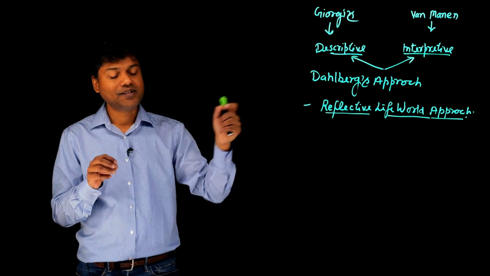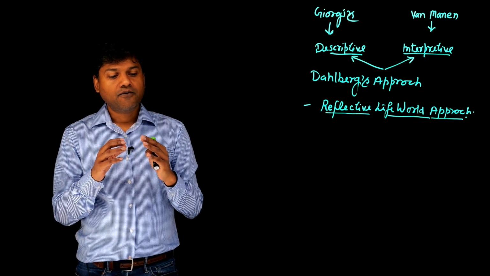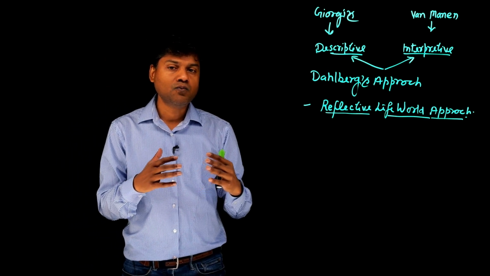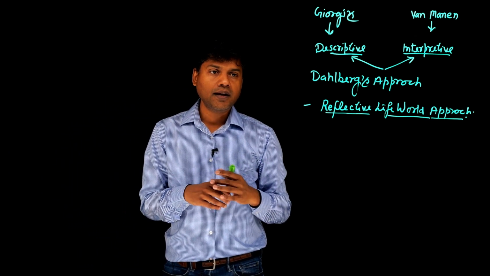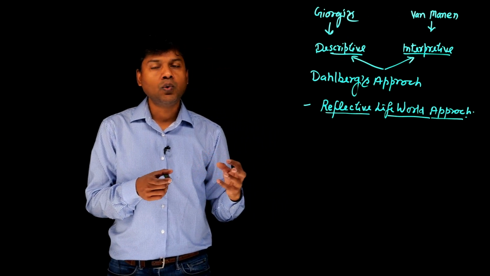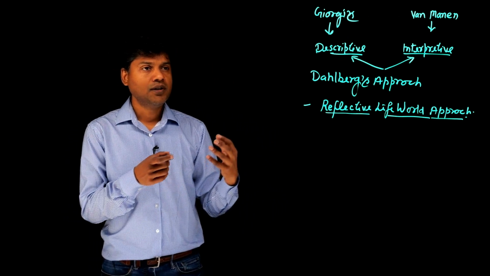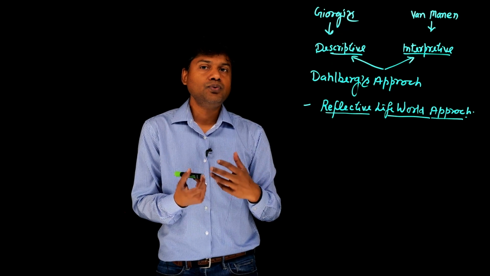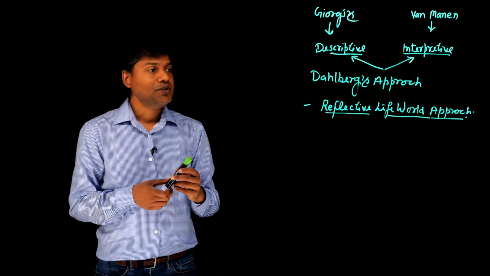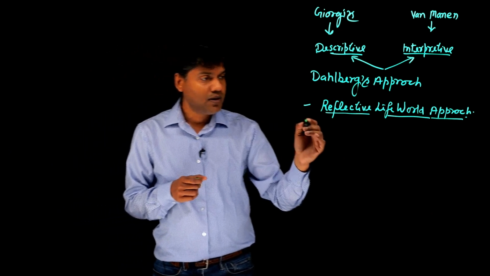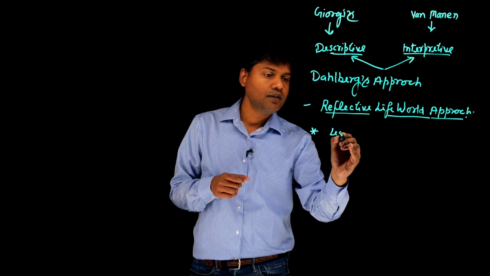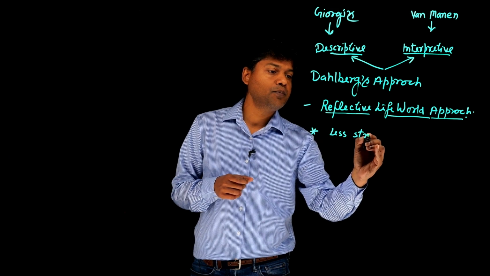She says that if you try to make phenomenological research studies very structured, then it may be difficult to understand how a phenomenon is presenting itself to you as a researcher. So her approach can be categorized as a less structured approach.